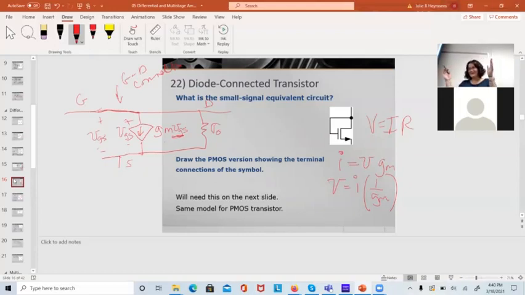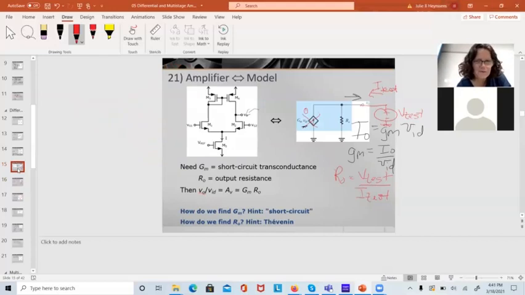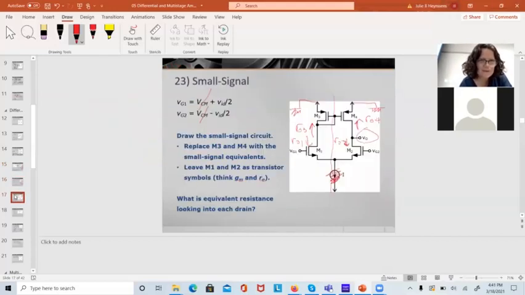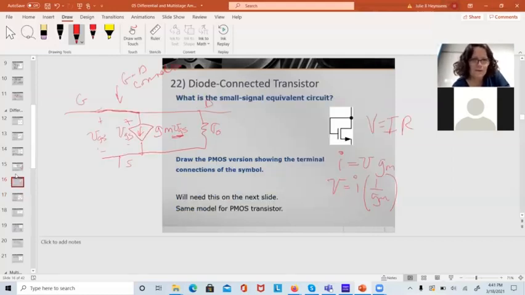I suddenly realized why these slides are connected. Looking into this transistor right here, we're looking into a diode connected transistor, right? So this isn't quite RO3. What I see is RO3 in parallel with 1 over GM3.